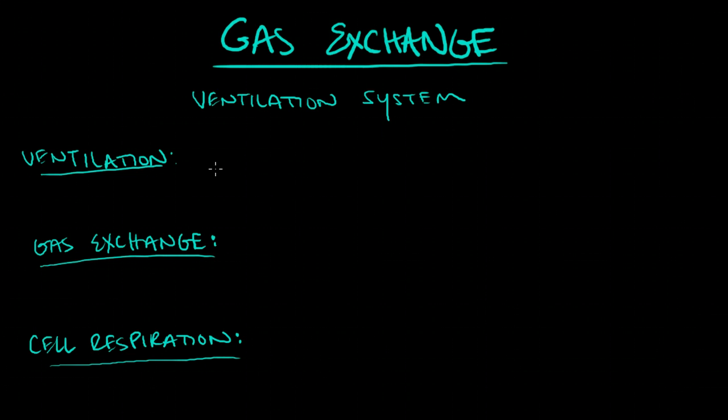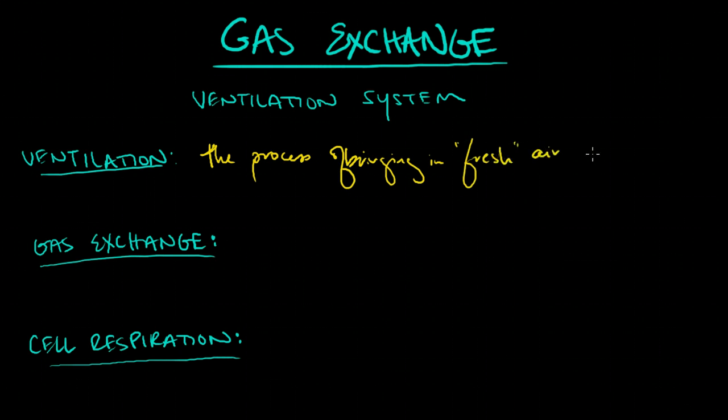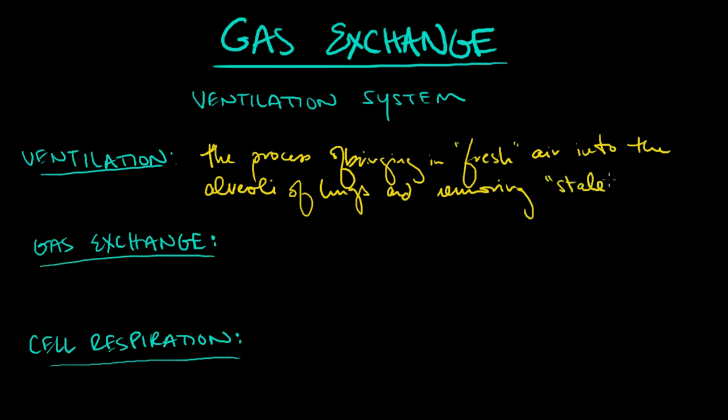So ventilation is the process of bringing in fresh air into the alveoli of your lungs and removing what we call stale air, which really is just air with high concentrations of carbon dioxide.